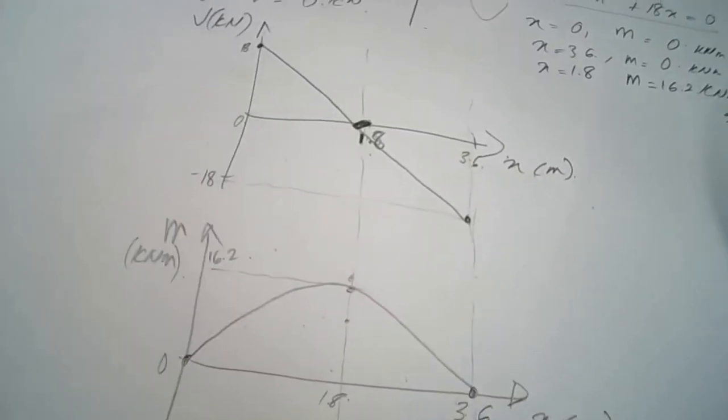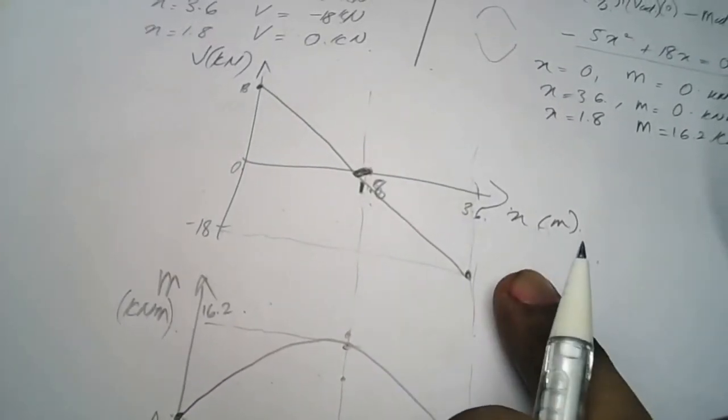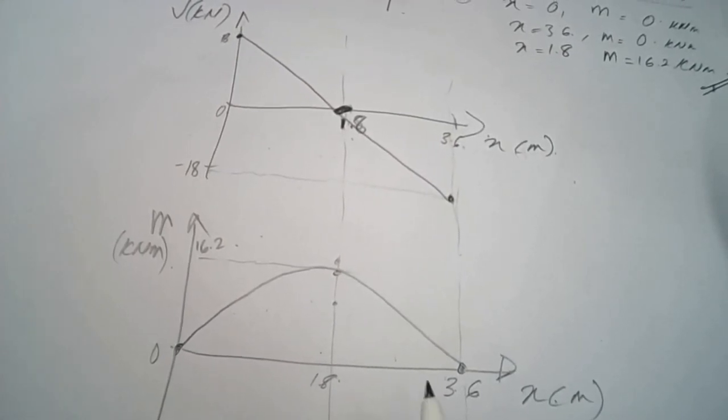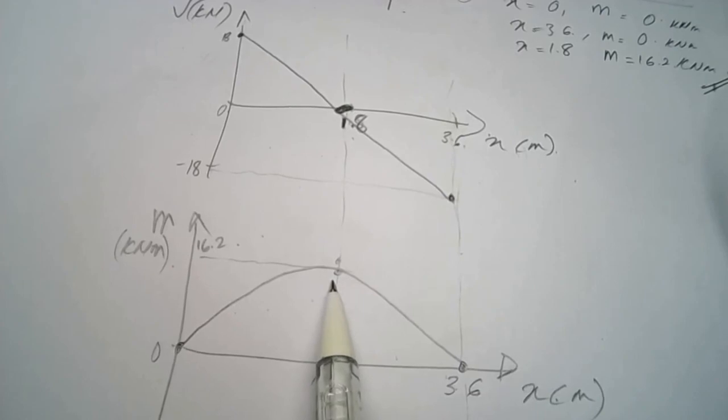We have a shear force diagram, and also a bending moment diagram with a maximum point at 16.2 kilonewton meter.